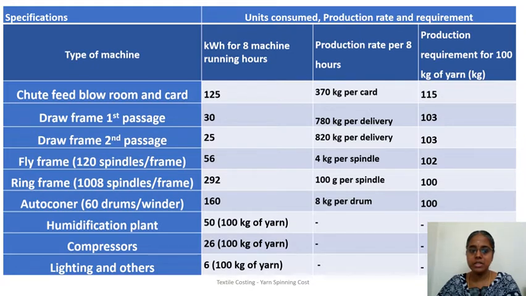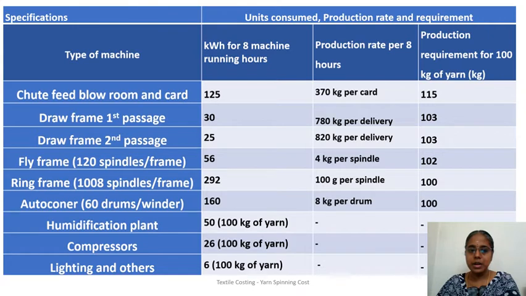For the draw frame first passage, I mean one delivery machine, that is what I meant as passage. Here the second draw frame, the second passage, consumes 25 units, fly frame with 120 spindles per frame consumes 56 units, ring frame with 1008 spindles per frame consumes 292 units, auto corner with 60 drums per winder consumes 160 units.